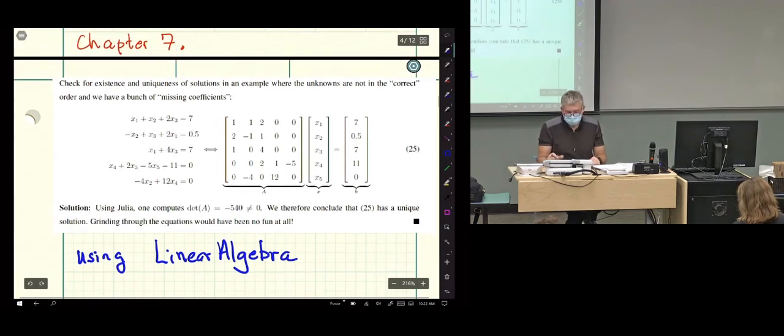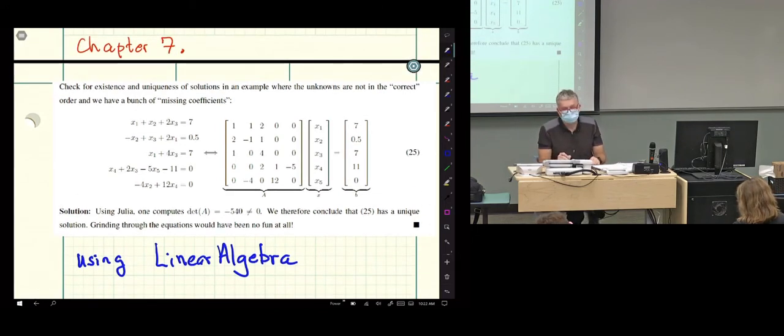Once you say that, you can just say det of A. Okay, so you put in your matrix, bingo. It's minus 540. We don't care what the number is right now. It's not equal to 0, and so we've got 5 equations, 5 unknowns, it has a unique solution.